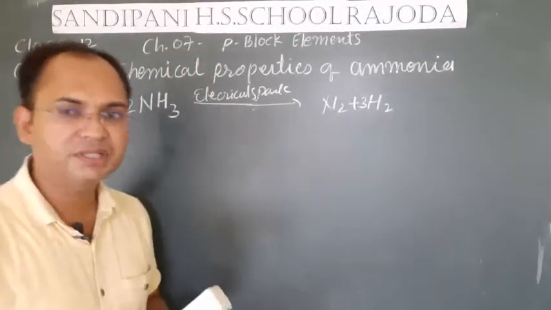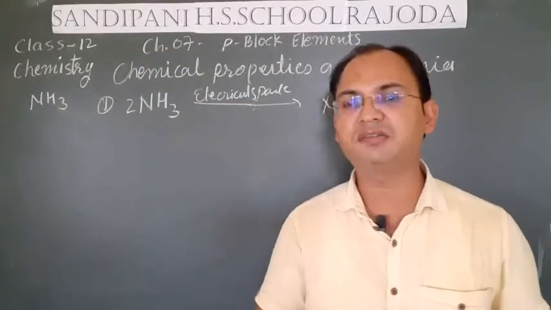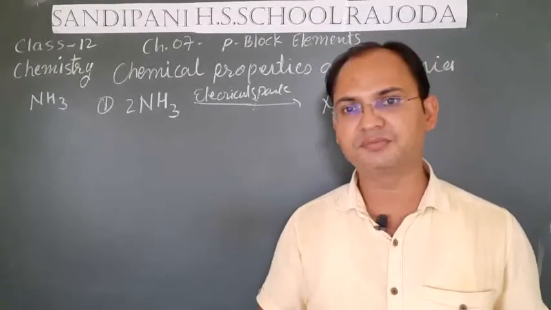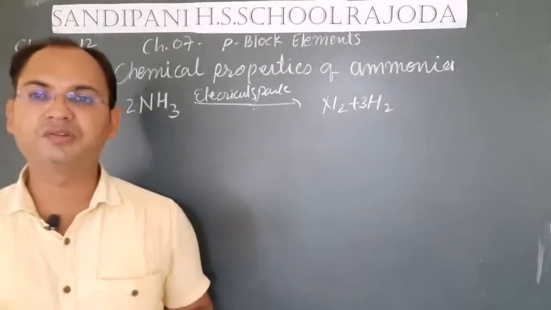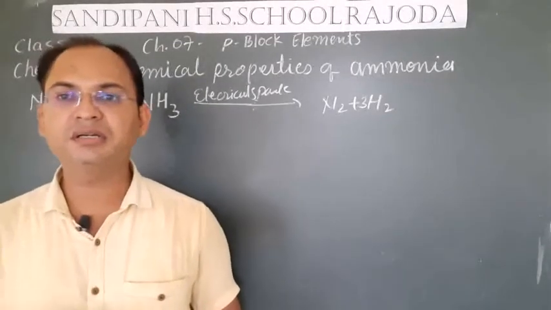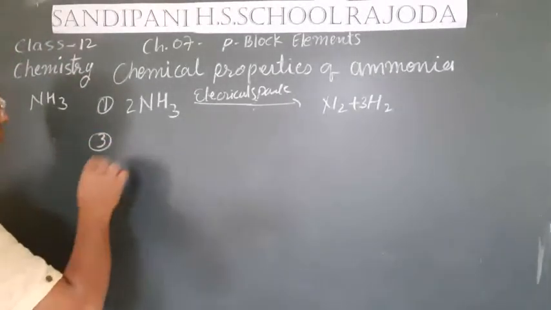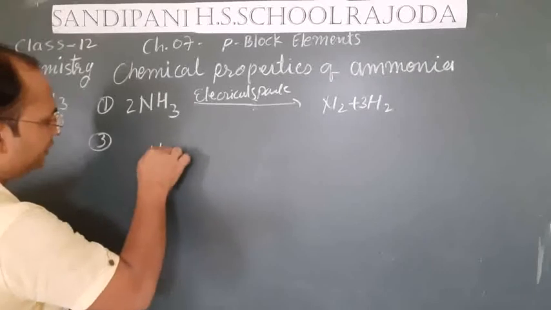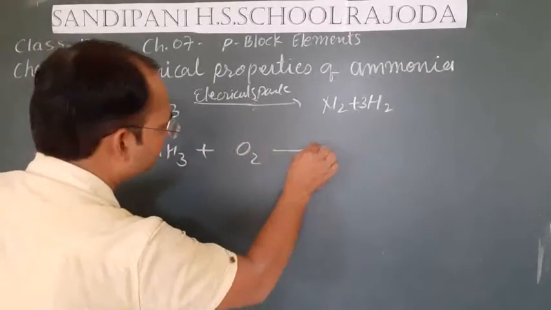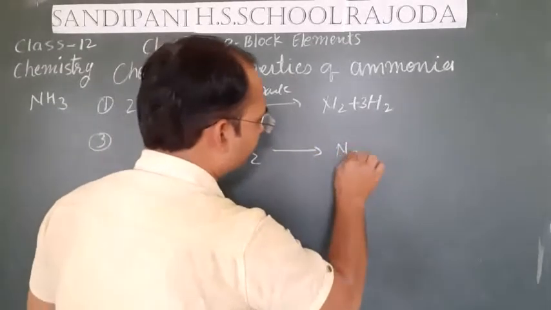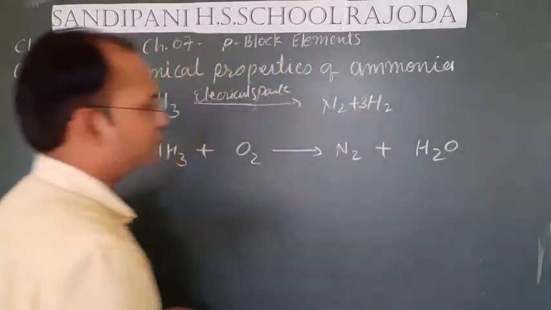The second chemical property is that ammonia gas does not get burned itself, neither does it help in burning, but it burns in the presence of oxygen to produce nitrogen and water vapor. Let's see how the reaction takes place. NH3 combined with oxygen produces nitrogen gas along with the water molecule.